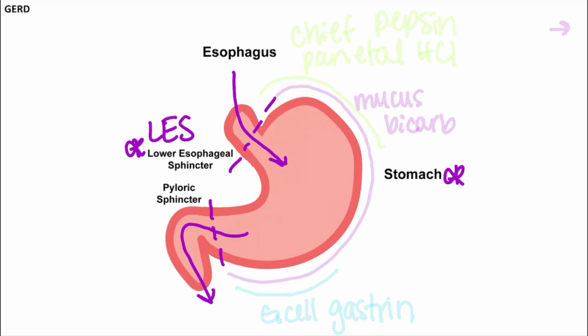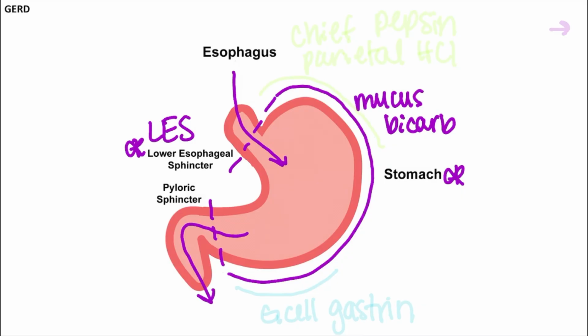So all throughout the stomach, there are cells that secrete mucus and bicarb. This mucus and bicarb is to protect that mucosal lining from this acidic environment that's contained within the stomach.